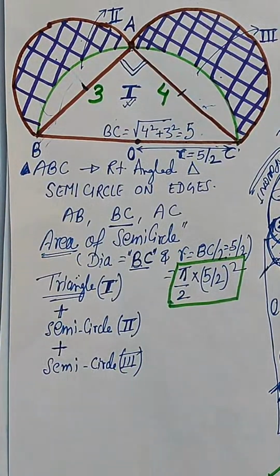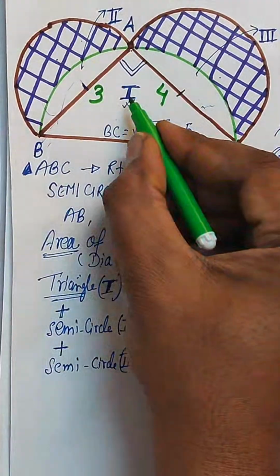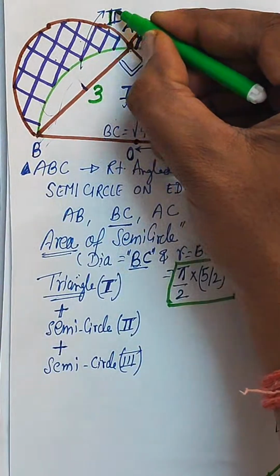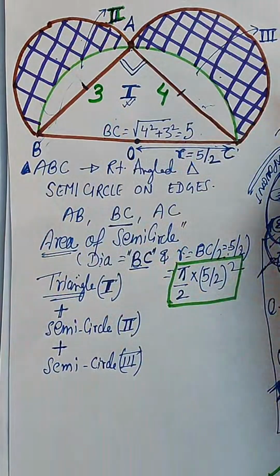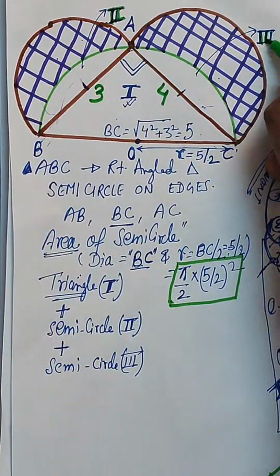When you add all this, this is area 1, this is area 2, this one entire semicircle, and this is area 3.